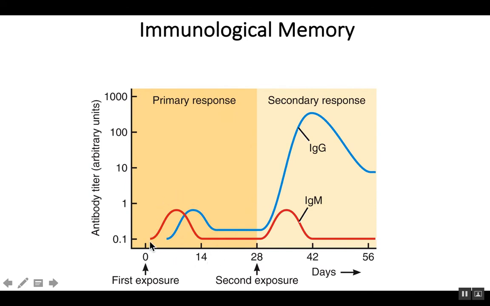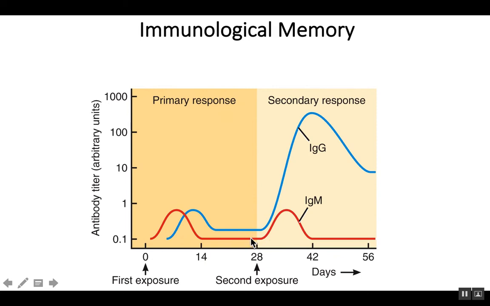So if this was the flu virus, hopefully we're okay 14 days later. Or maybe this is a vaccination and you don't get sick from vaccinations, but you still have this immune response occurring. Then a couple more weeks go by and you get a secondary exposure. So maybe you had the flu and now you got exposed to that same flu virus again, or you had the vaccine and you get exposed to the flu virus.